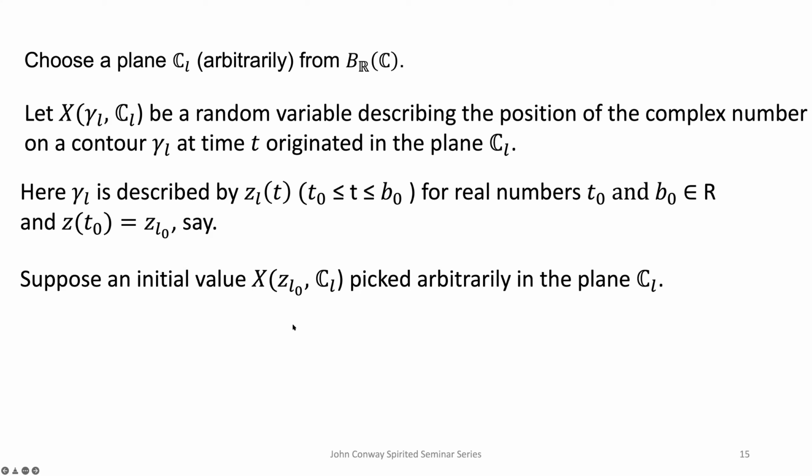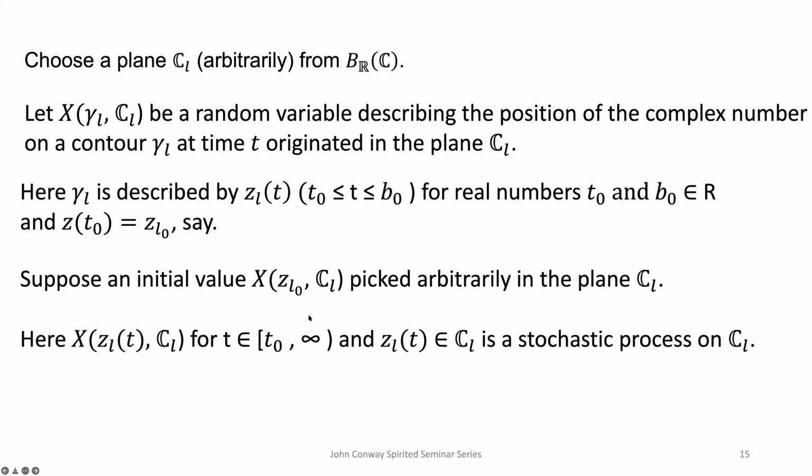Let us call that X of ZL0 CL. CL stands for again the plane. Once you pick that value, then we form a contour. I will explain that in the coming slides.